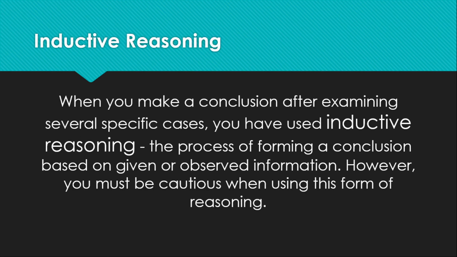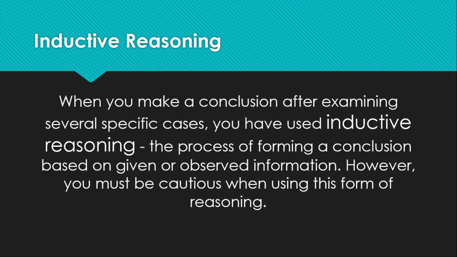When you make a conclusion after examining several specific cases, you have used inductive reasoning. This is the process of forming a conclusion based on given or observed information. However, you must be cautious with using this form of reasoning. Because if you start to notice a pattern, that doesn't imply that pattern is going to predict the future.